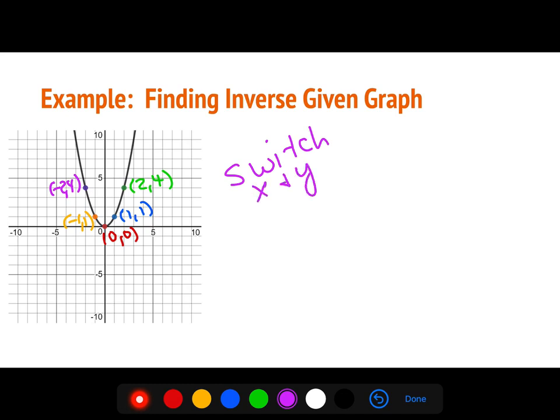So we learned a moment ago that we're going to switch x and y. That's how you find inverses. So I'm going to take each of those points and switch them. So 2, 4 is going to become 4, 2.